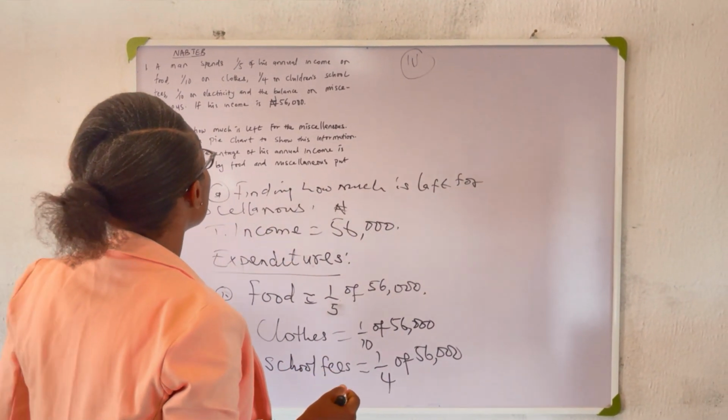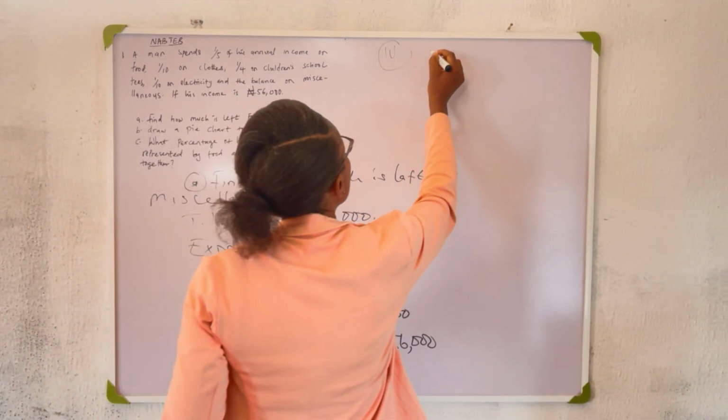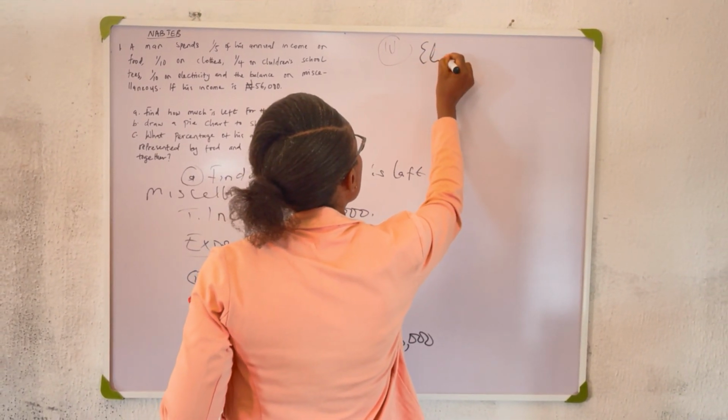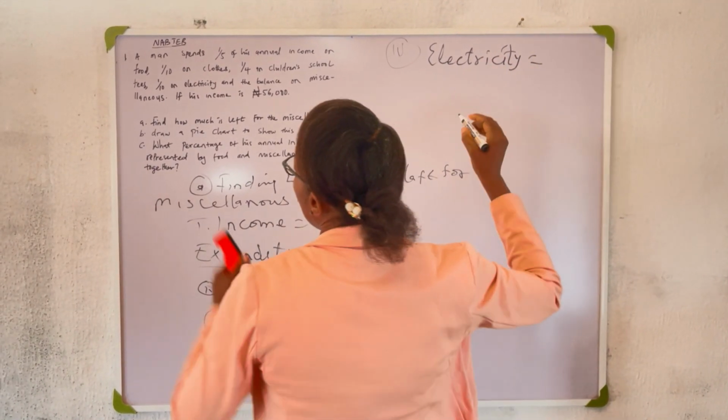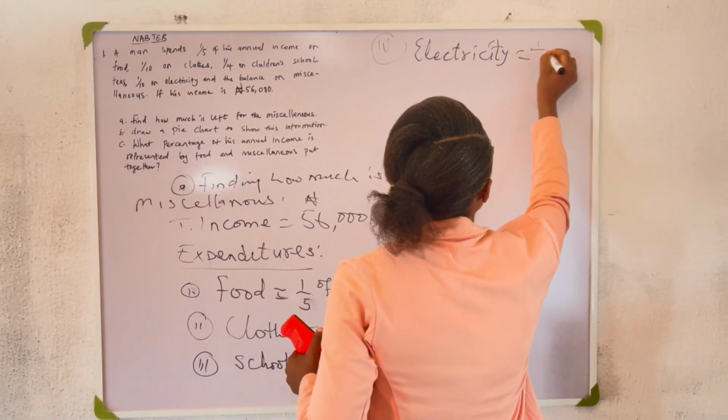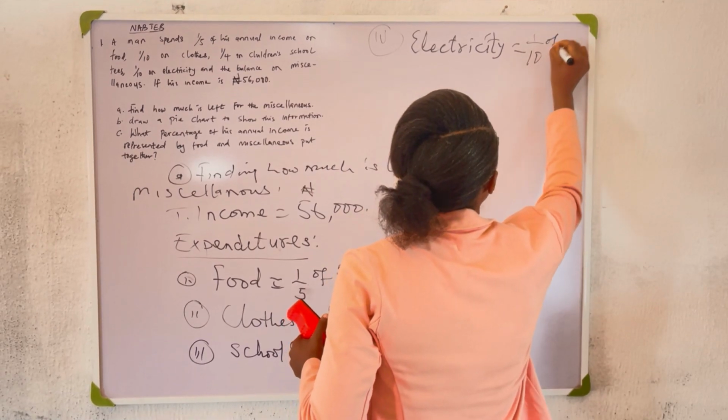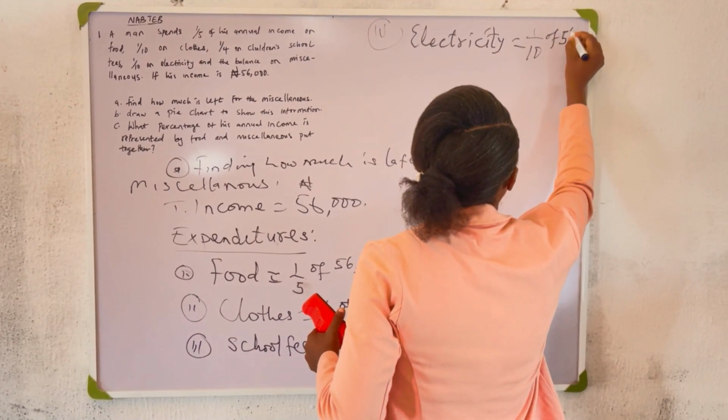Expenditure on electricity is 1/10 of 56,000 naira.